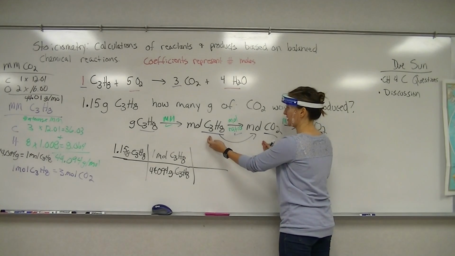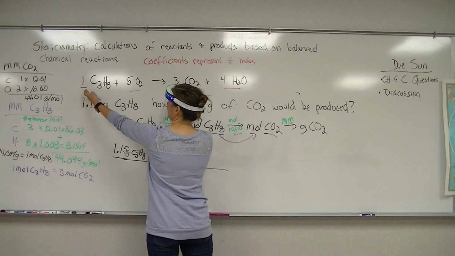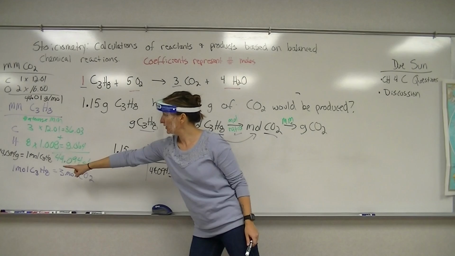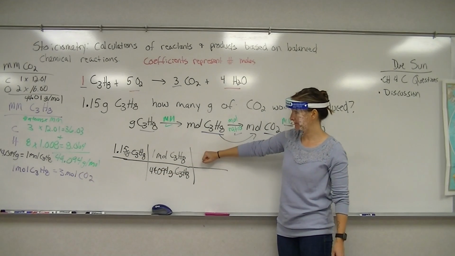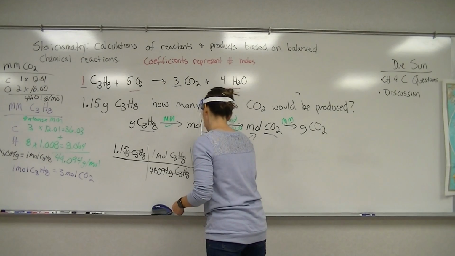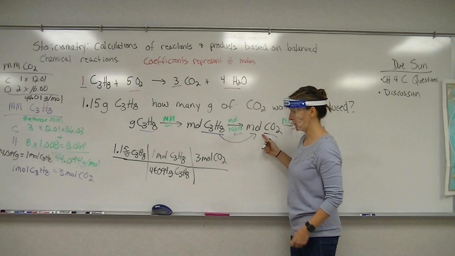Now for this step, it's that mole ratio, the coefficients in front of each. So, do we want the 1 or the 3 on the top? The 3, 3 moles of CO2, because that's what we're trying to get, so we want that on top.